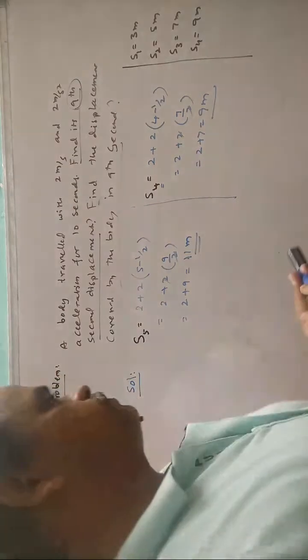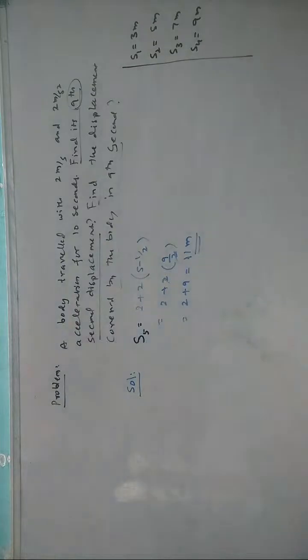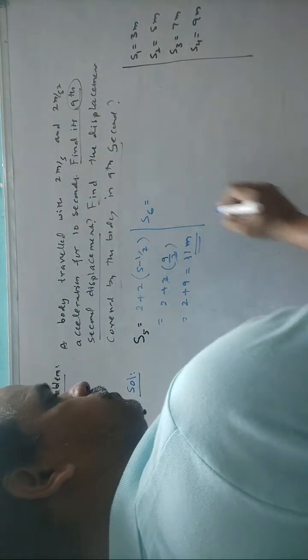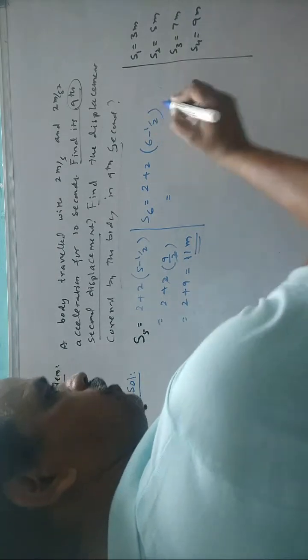Okay, very nice. Next, S6. Just calculate fast. S6. 2 plus 2, 6 minus half. Come on fast, do it.